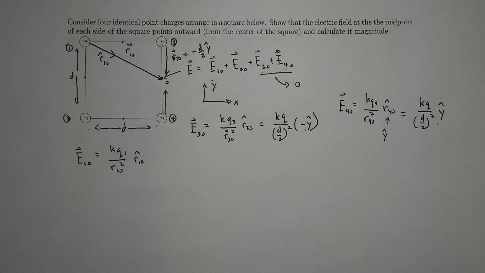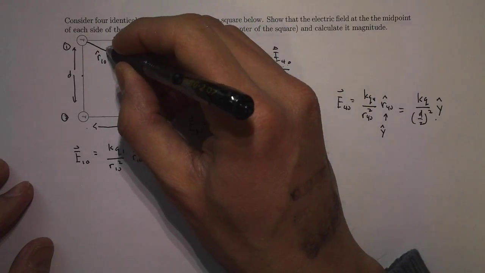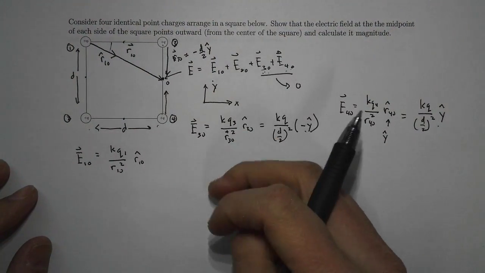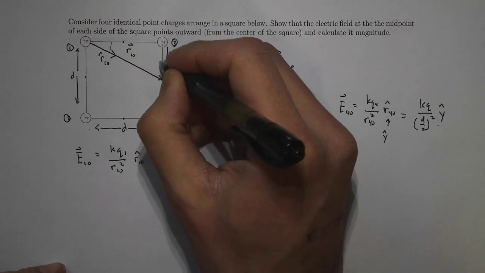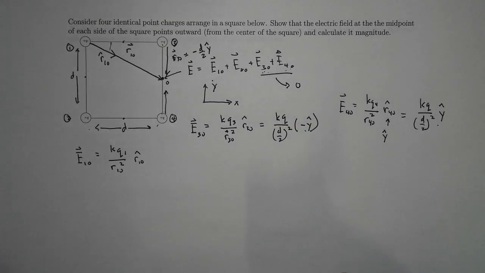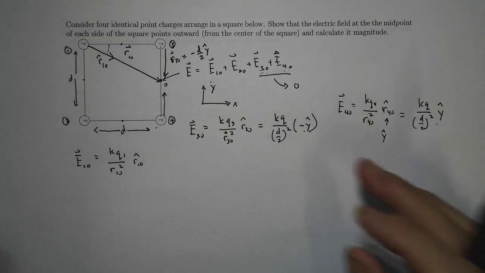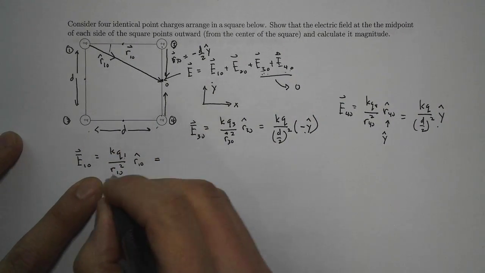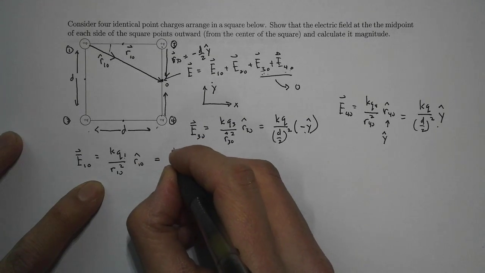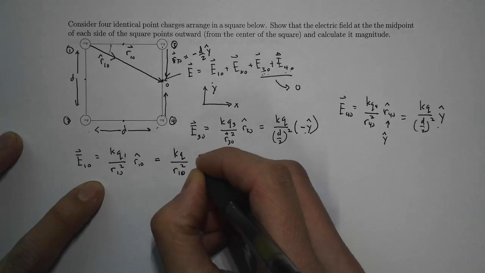Now, there are two ways of looking at this problem at this point, right? The first way is to basically try to figure out this angle here, right? But there's another way of doing this, which is basically figuring out this length here and then getting the sine. Because really, what you care about is the sine of the angle or the cosine of the angle. You don't really care about what the angle is necessarily, right? So this is just going to be, let's just write this thing out here. k positive q over R10 squared, which we're going to figure out in a second.